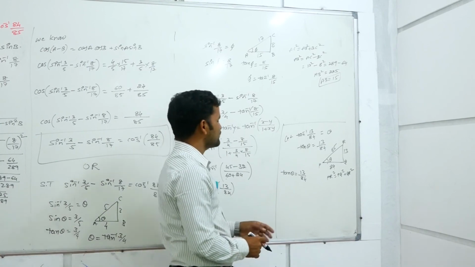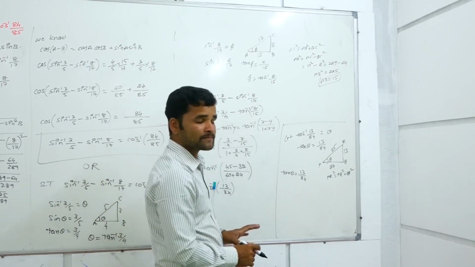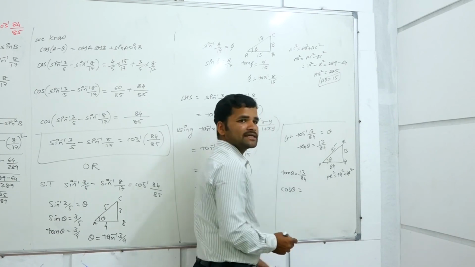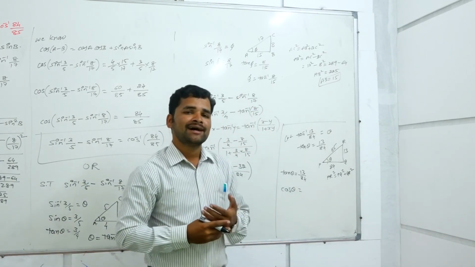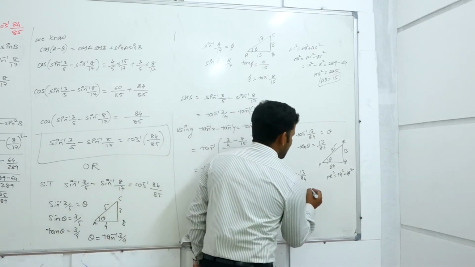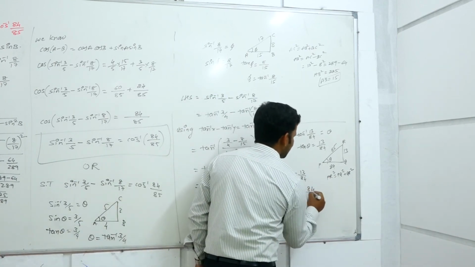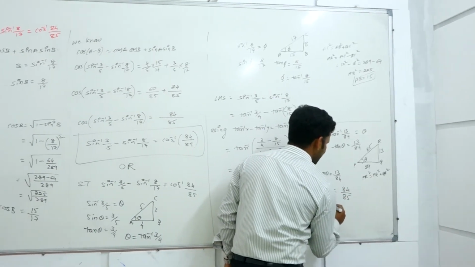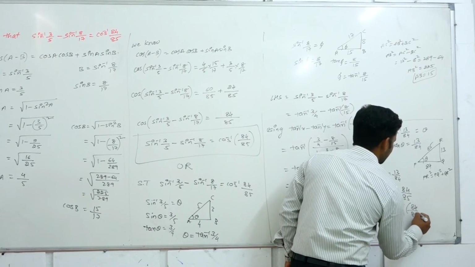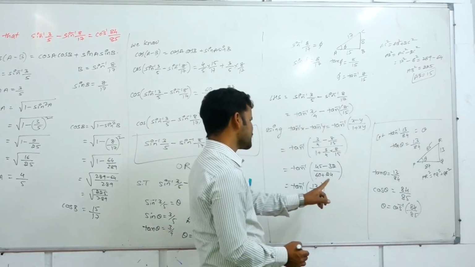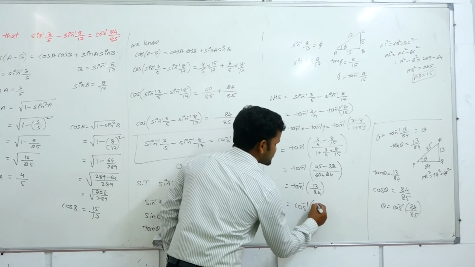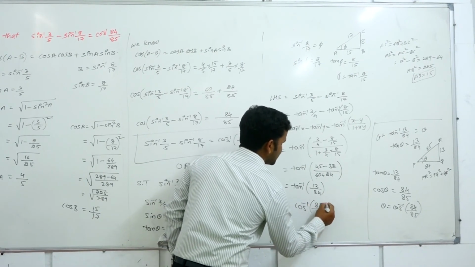We want the value of cos here. So, what is cos theta equal to? Cos theta is the ratio of adjacent side and hypotenuse, that is 84 by 85. Then theta is equal to cos inverse of 84 by 85. Okay, now I can substitute that as cos inverse of 84 by 85.